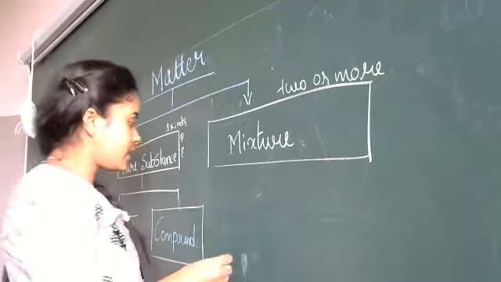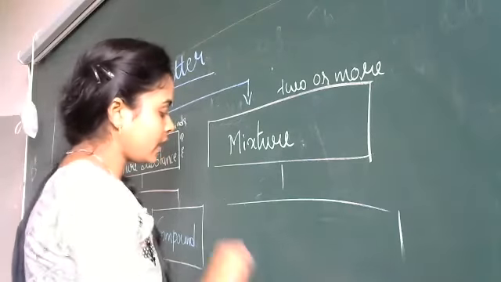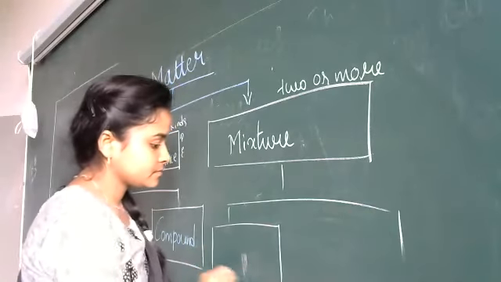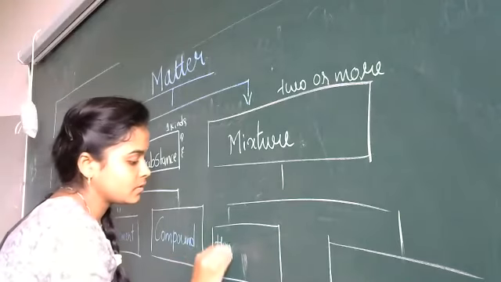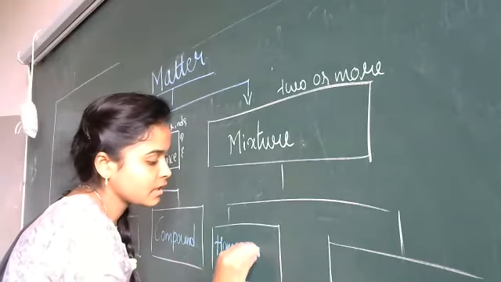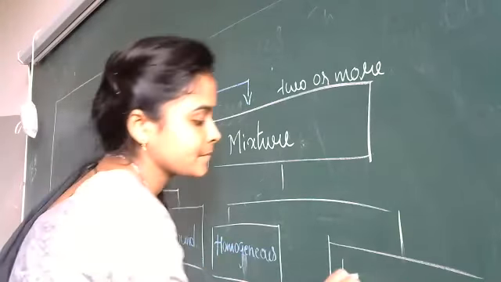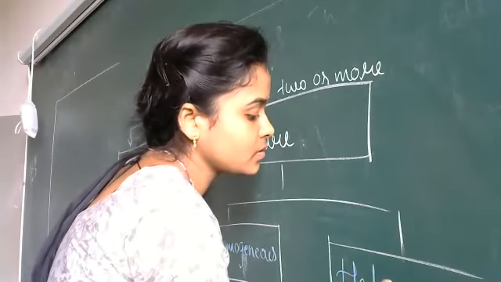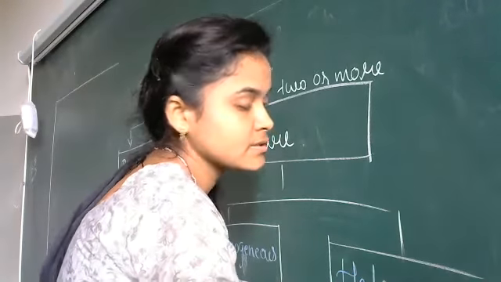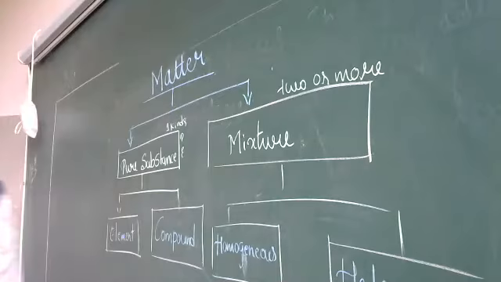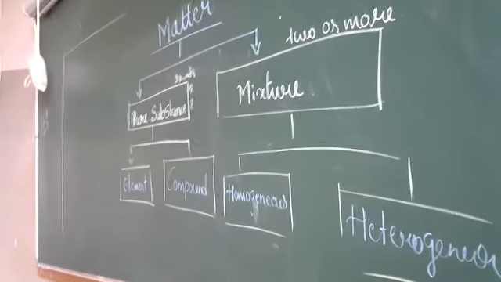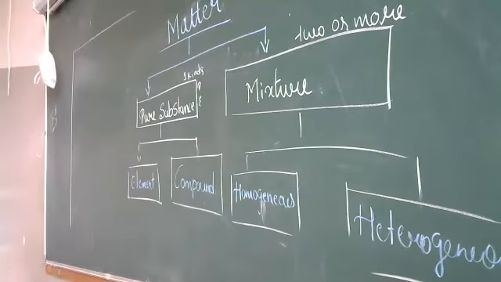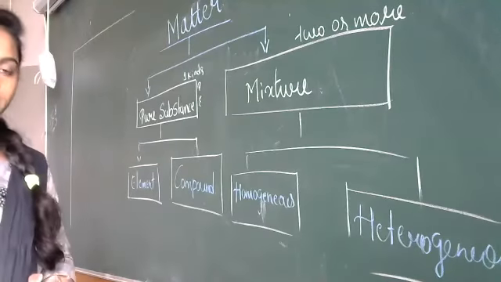Next, under mixture we have what? Homogeneous mixture and heterogeneous mixture, right? So this is the chart for matter, whatever we have studied till now.